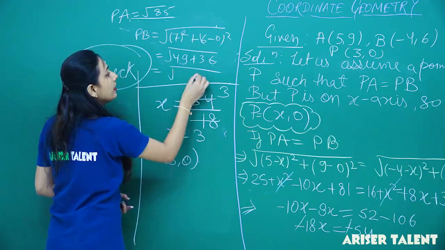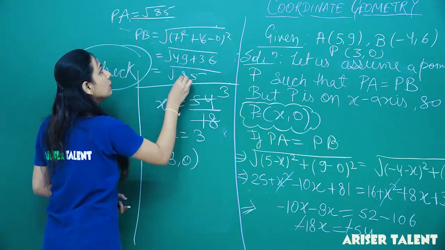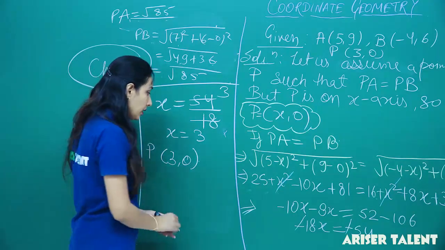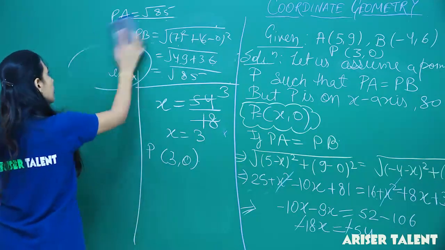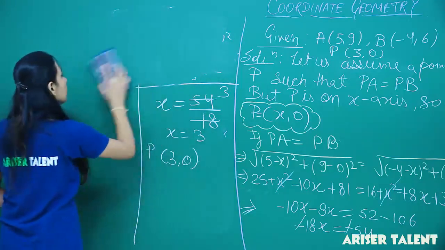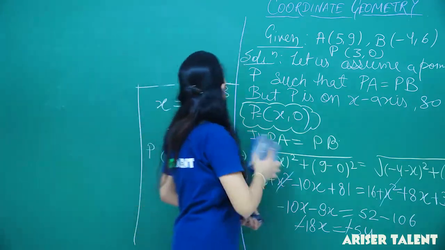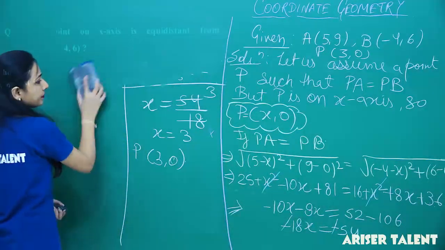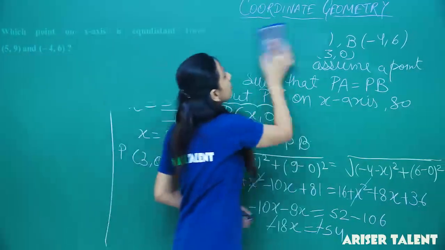Again that will be 85. Root 85 and root 85. So PA equals PB. From here you can say that your answer is right, correct. Now note this and we'll move forward. Okay, noted?